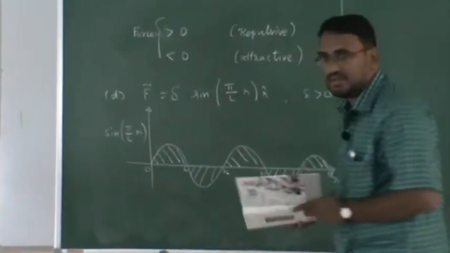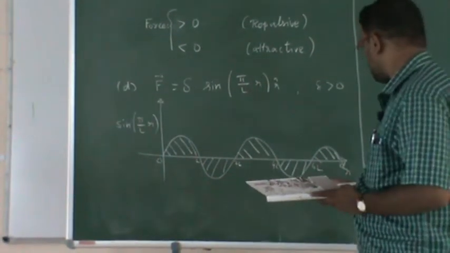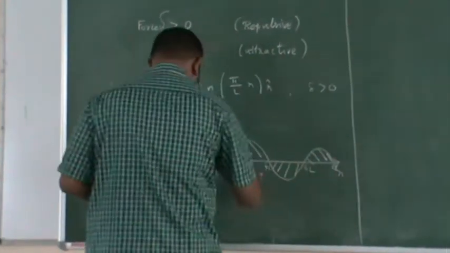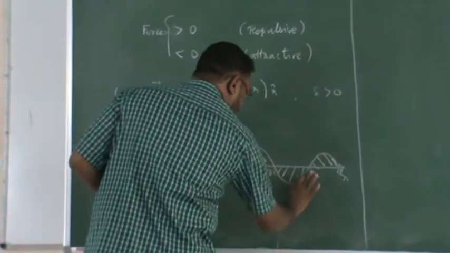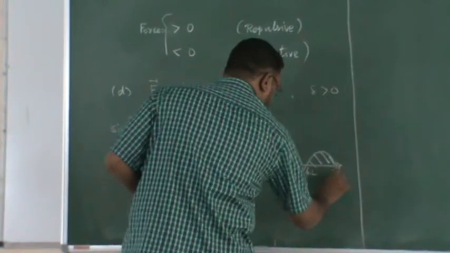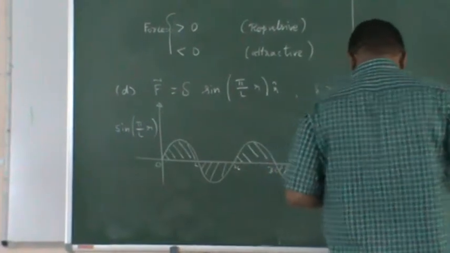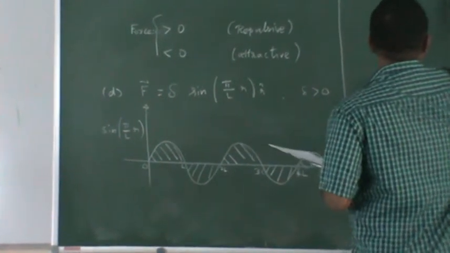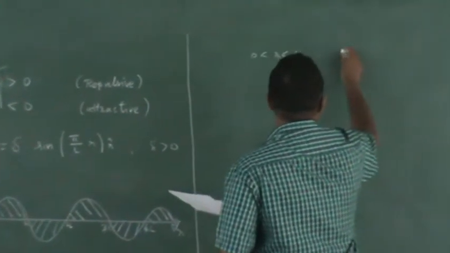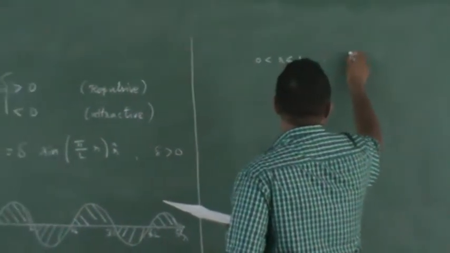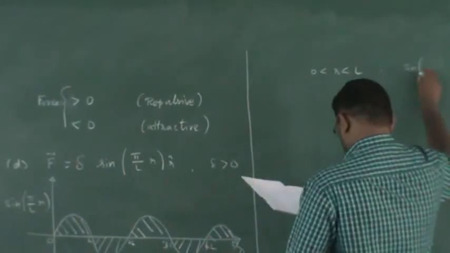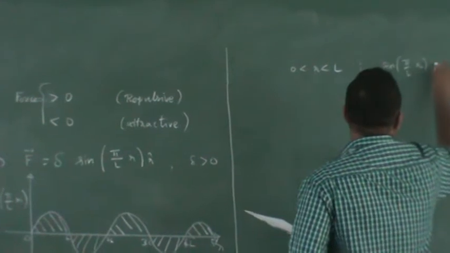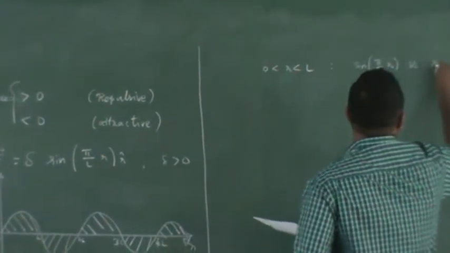Therefore, in general one can write this. So for r between this, the force function sine of pi by l r is repulsive.